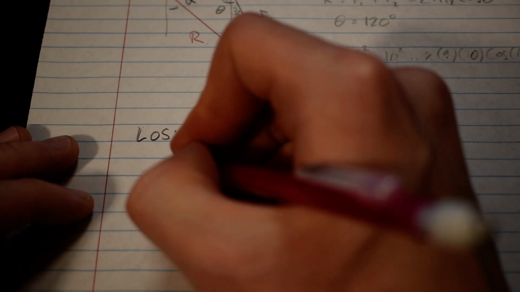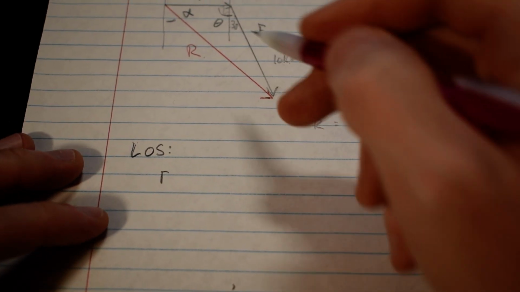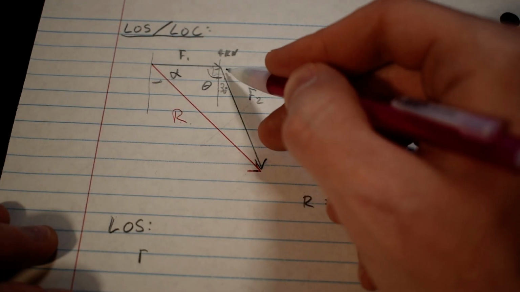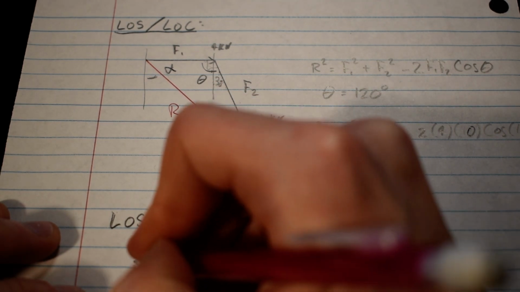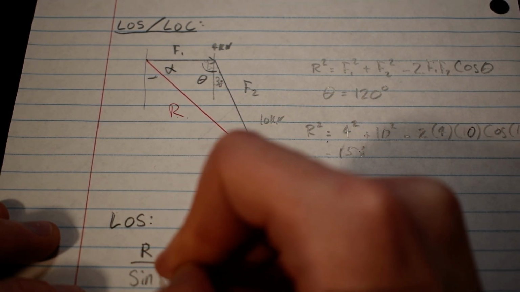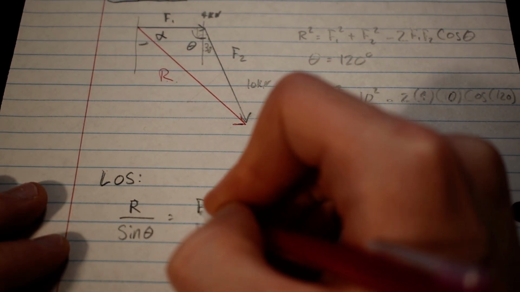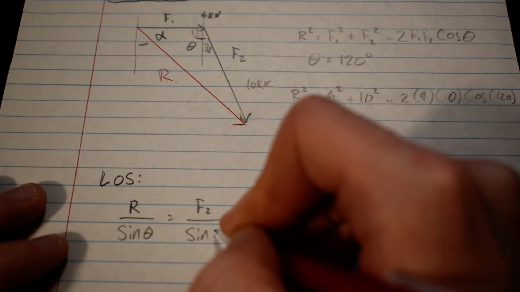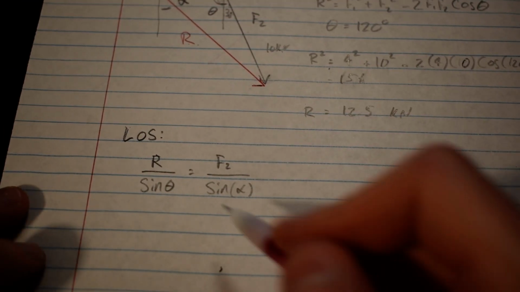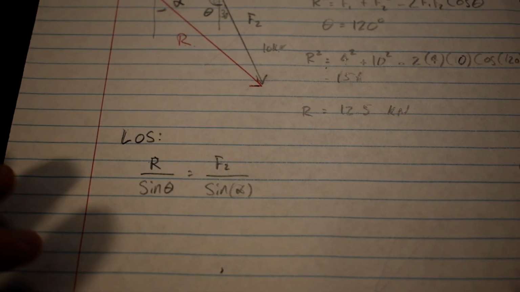Law of sines says that, for example, R over the sine of theta is equal to F2 over the sine of alpha. And we know R, we know theta, we know F2, and we're trying to find alpha.